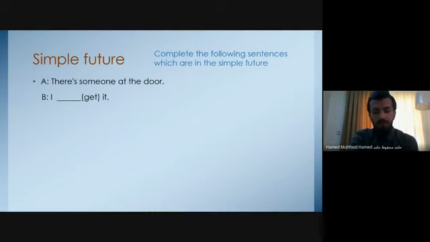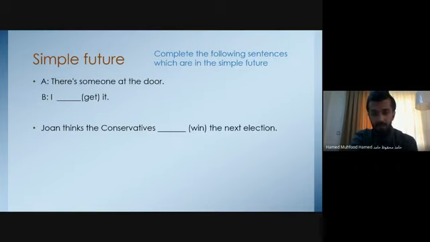Okay, so the second one. Juan thinks the conservatives win the next election. Now, what should we do here in this sentence? Juan thinks the conservatives, again I made the same mistake.